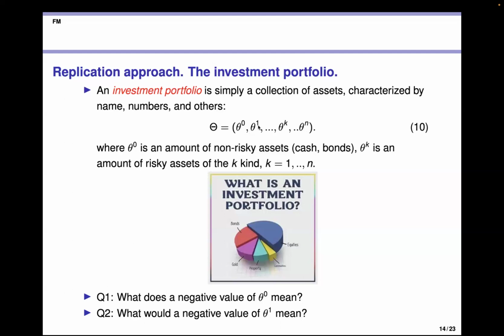For example, theta 1 equals 5, and it means that we have in our portfolio five stocks of the company Google. Theta 2 equals 25, and it means that we have 25 shares of the company Amazon, and so on.